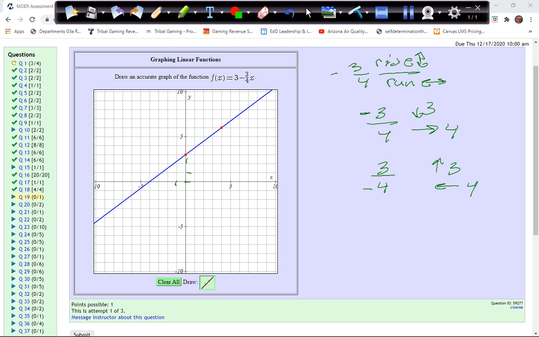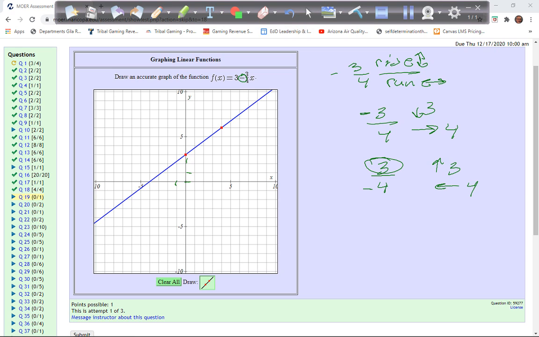Wait a minute, what did I do? I went up 3, oops, I messed up here. I went up 3, so I got to go back 4. I went the wrong direction, because notice this is going uphill. This negative tells me it should be downhill. Okay, so be careful.